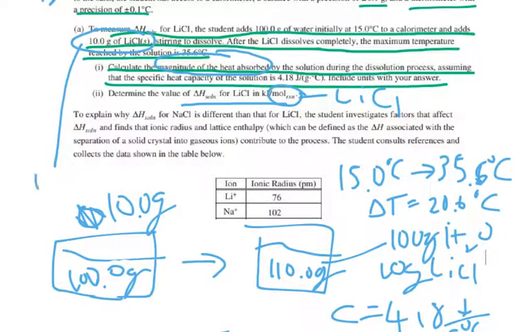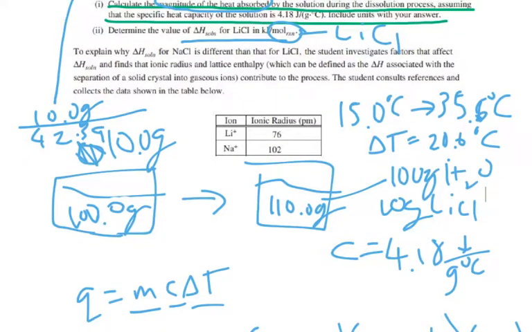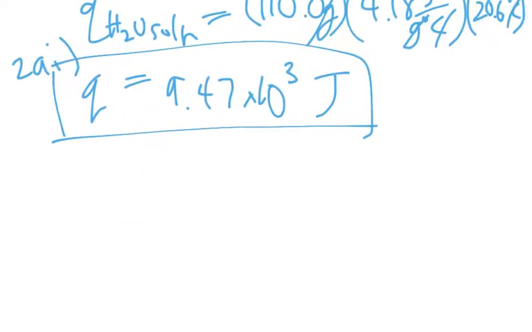So we have to take 10.0 grams of lithium chloride and divide it by the molar mass. The molar mass of lithium chloride is, well, let me check it out, 6.94 plus 35.45. The molar mass is going to be 42.39. And in the end, we get that we have, let's see, about 0.236 moles of lithium chloride.